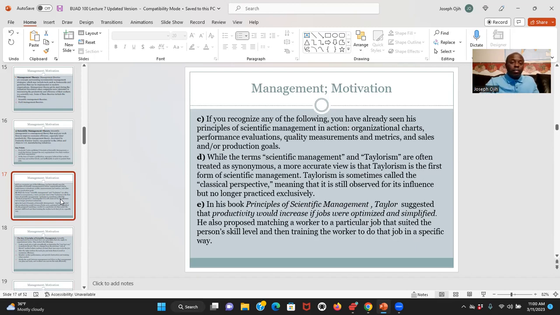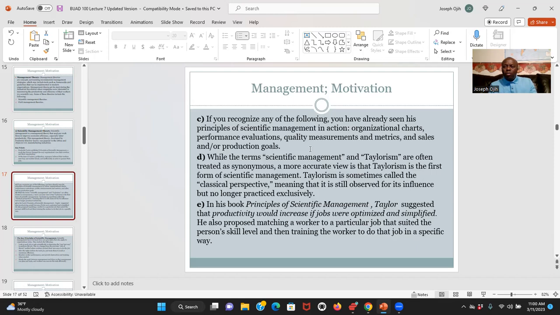Some analysts gave the name classical perspective to his method, which is scientific management, because of its influence on the management philosophy of the time.